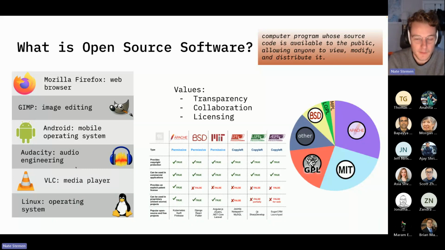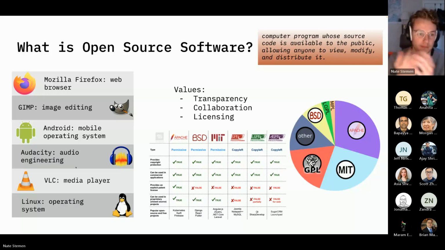There are some core values that come along with the open source software movement. I'd say three of those values are transparency, collaboration, and licensing. Transparency: since all of the development of these projects is done with the code being out there, it's inherently transparent. You can imagine some of the benefits that come with that, in terms of auditability and people being able to get involved in these projects.